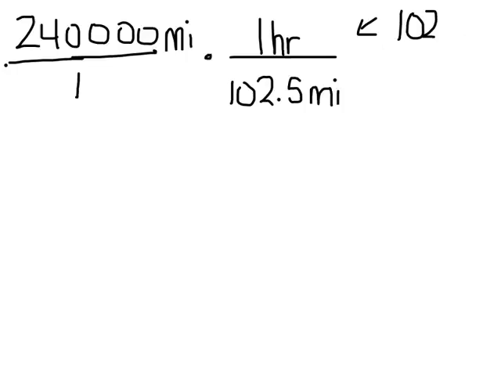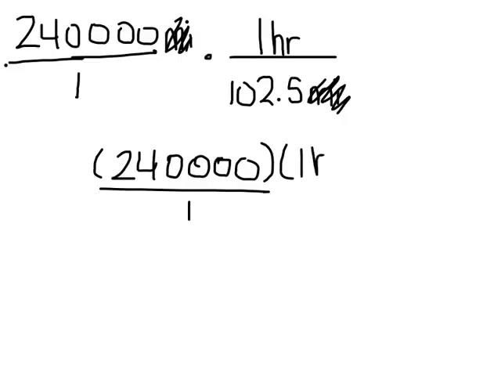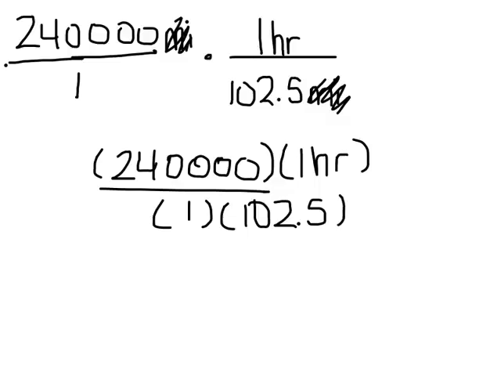It all depends on what unit you're trying to get rid of. Okay, so now the miles goes away and we're going to have 240,000 over 1 times 1 hour times 102.5. And the answer we end up with is 2,341.5 hours.